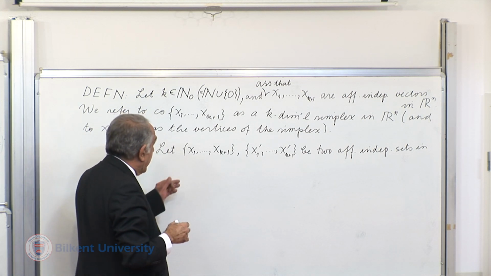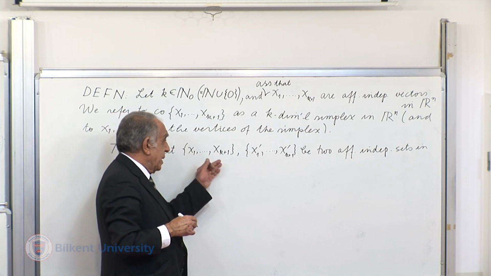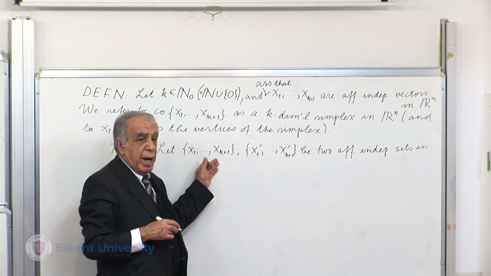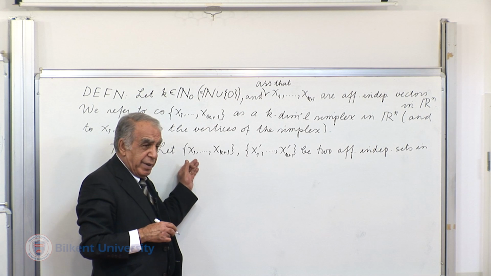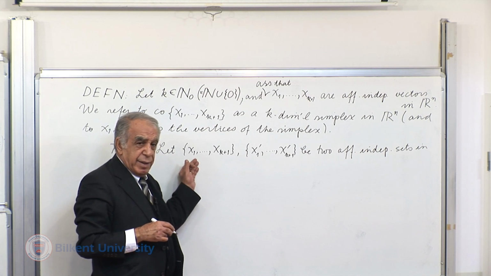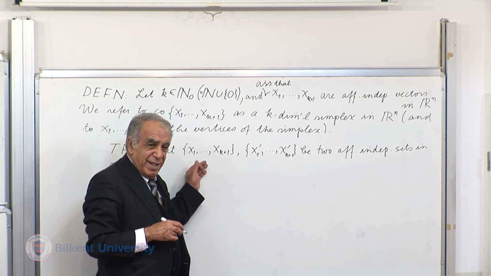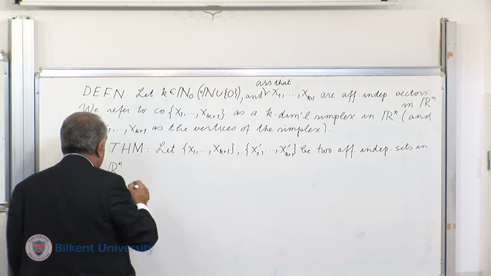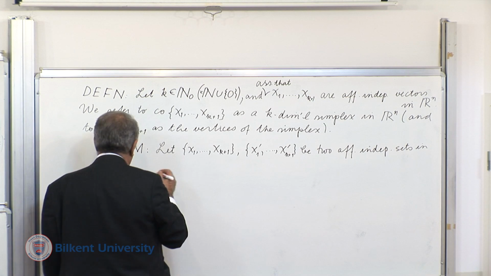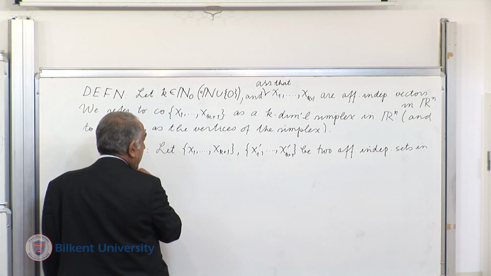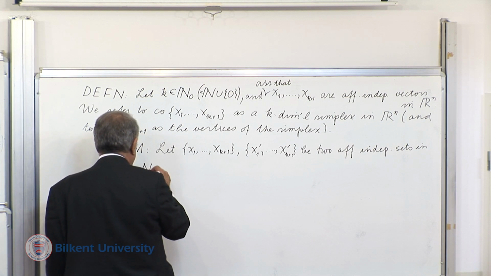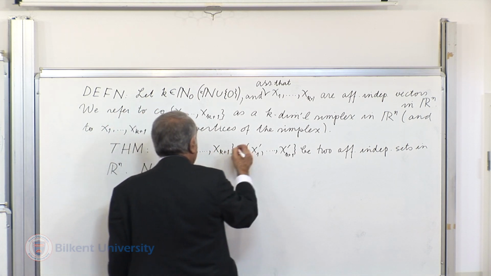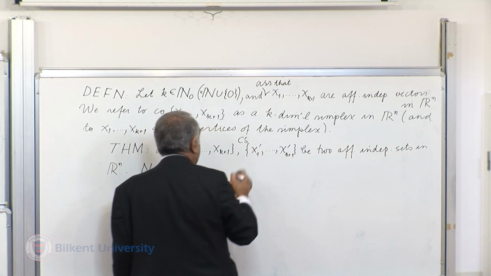Well, I will not write that, but when I say this, I will always mean that these are pairwise different. So I don't have the same vector occurring in both, okay, but I will not write that. Now, let me write this equal to C and this equal to C prime.